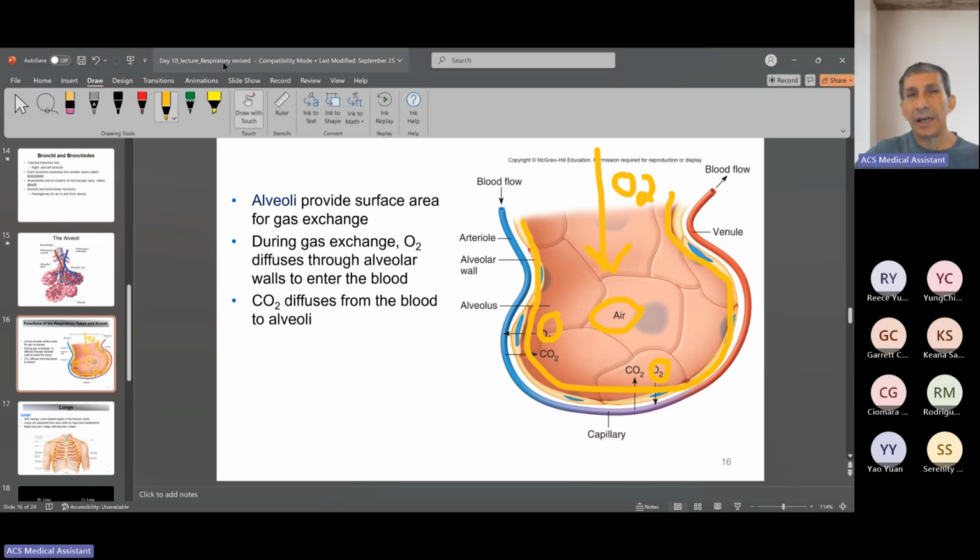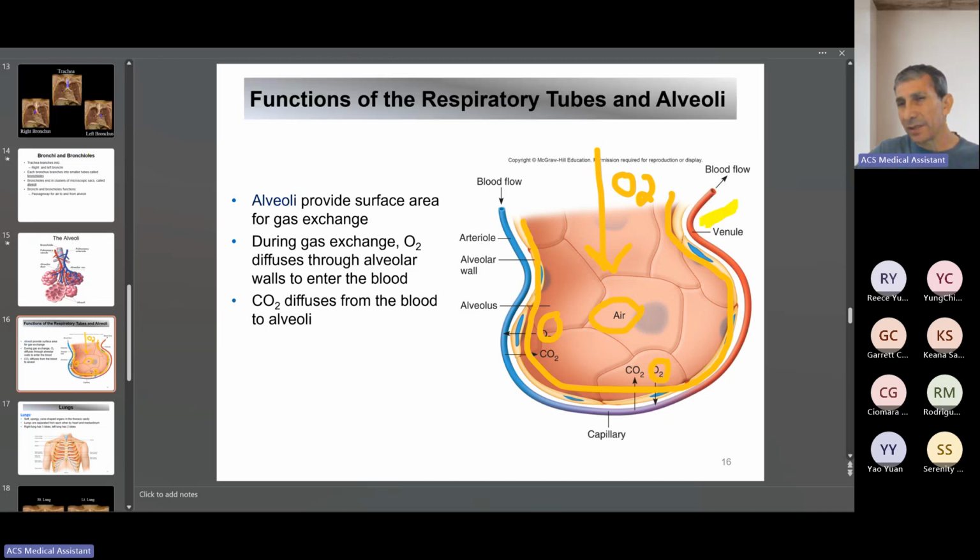Now, what do we have here? Here we have these blood vessels. These are the capillaries. And these blue ones are the venules. See, capillaries and venules. The venules bring the blood that is dirty, has carbon dioxide.